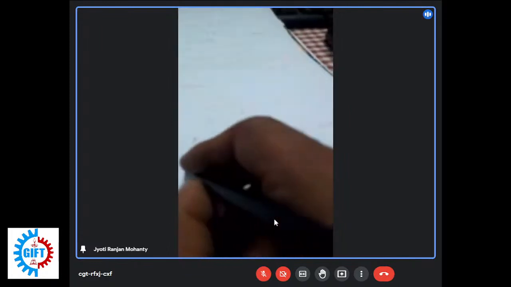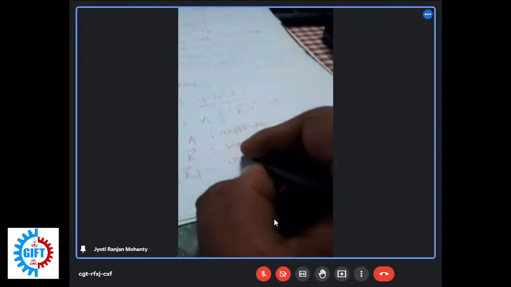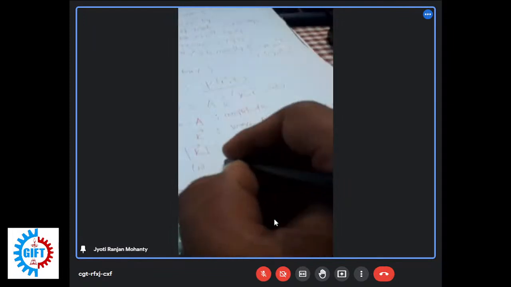The magnitude of k is equal to 2 pi by lambda. Omega is known as angular frequency.